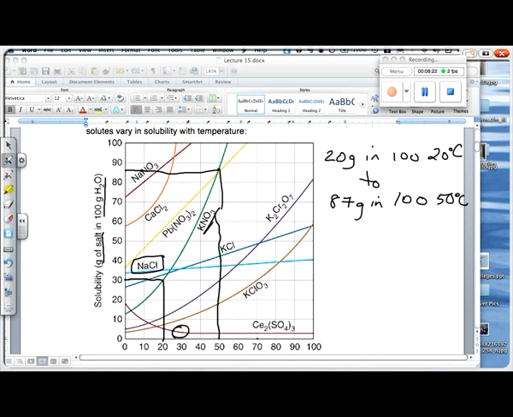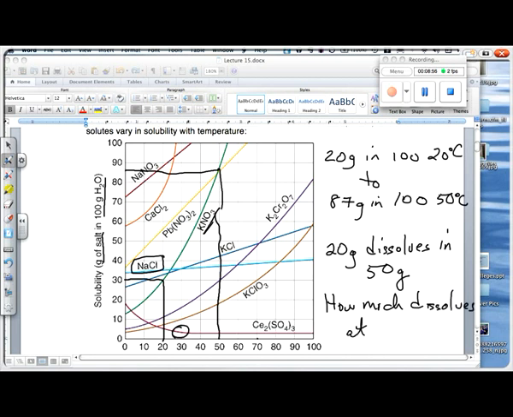Now, I know one problem in Sapling, and I don't want to muddy the waters here by talking about it. They have you looking at one of these graphs, but I'll just give you the idea, and then we'll talk about it in recitation. They tell you that 20 grams dissolves in 50 grams of water, and then they give you the graph and ask you how much dissolves, let's say this is at 20 degrees, how much dissolves at 50 degrees?